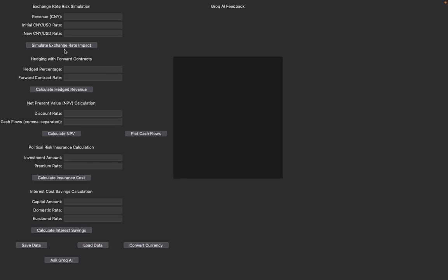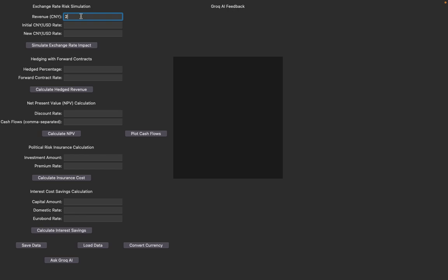So this is a revenue in CNY. For CNY we use the Chinese import rate right now, so that we have a stable input and output. But these rates of Chinese yuan and USD vary day to day. So we are using an API to have a precise exchange rate.